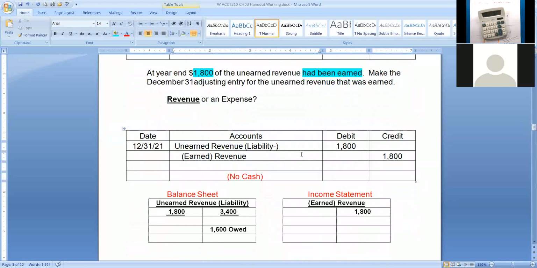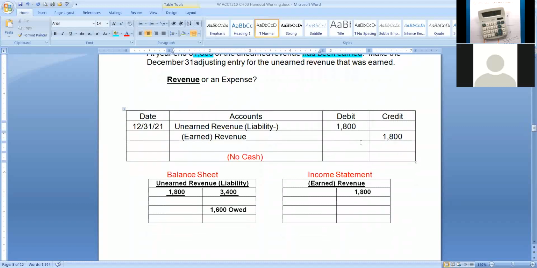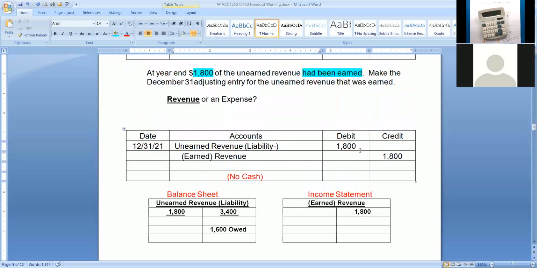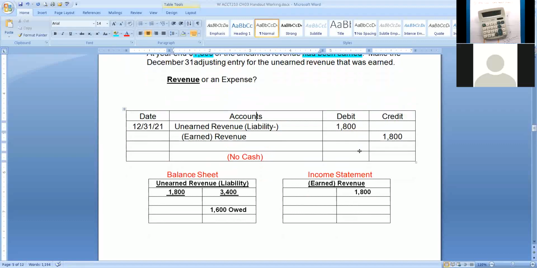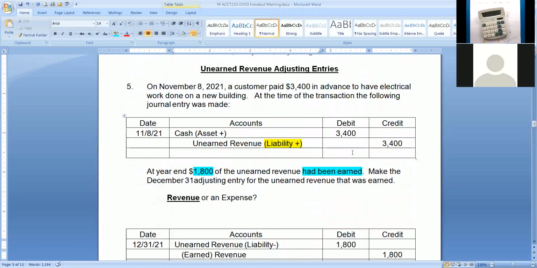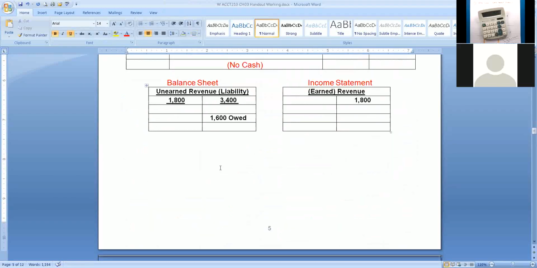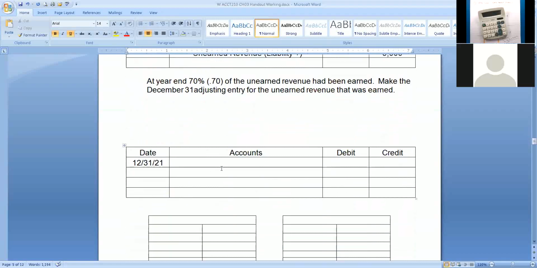How much of it have we earned? Okay, so that is unearned revenue 1. And let's go to page 6.